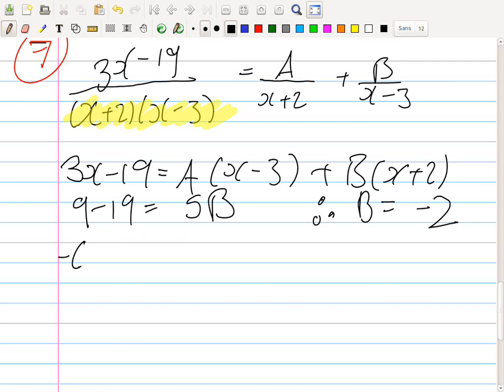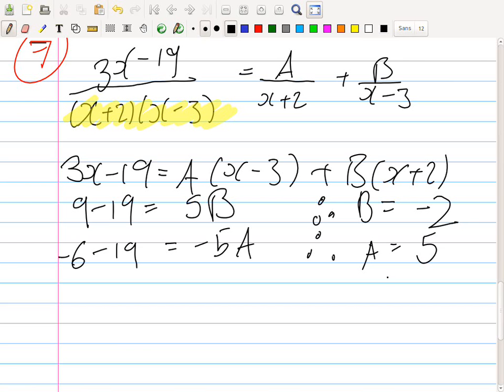So I get minus 6 minus 19 equals minus 5A. Therefore, that's minus 25 over minus 5, so A equals 5. And so there you go, there's another 5 marks for you. So in fact there's only 12 marks left from section A.